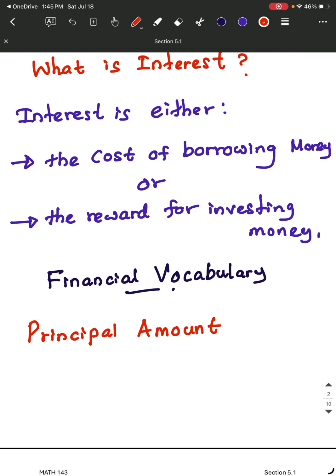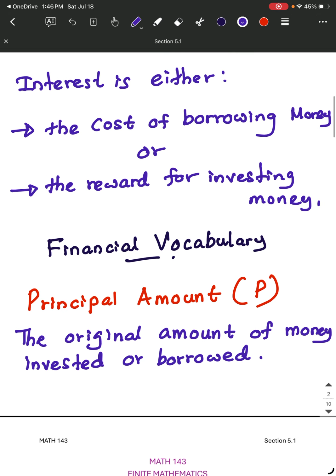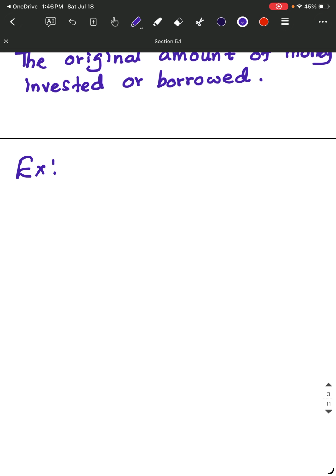The principal, denoted by P, is the original amount of money invested or borrowed. Let's see an example.